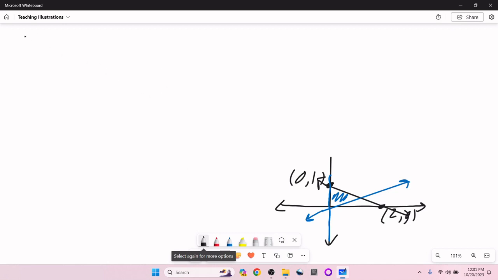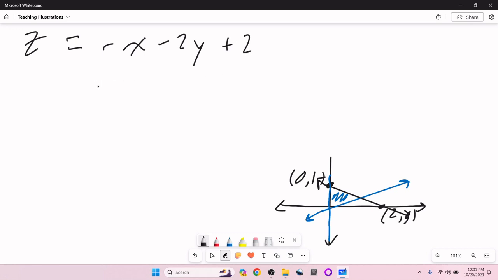So the ceiling was z, let's solve that out, equals negative x minus 2y plus 2. So I'm going to draw it kind of like this. I know that's not how I usually draw 3D pictures, but it's okay as long as it follows the right-hand rule. If you point your fingers at x and curl towards y, your thumb will go in the direction of z.